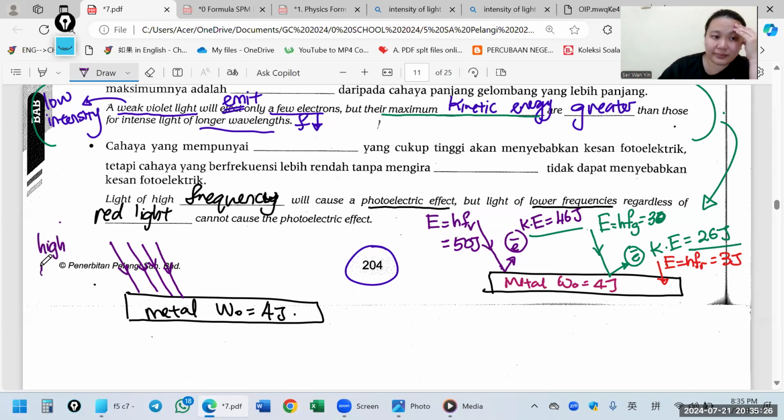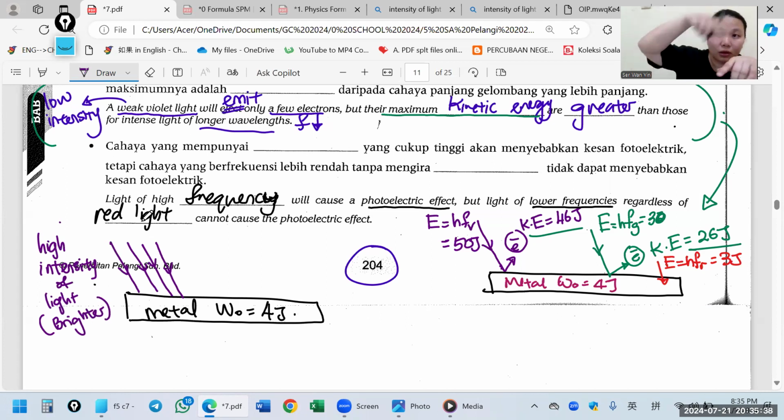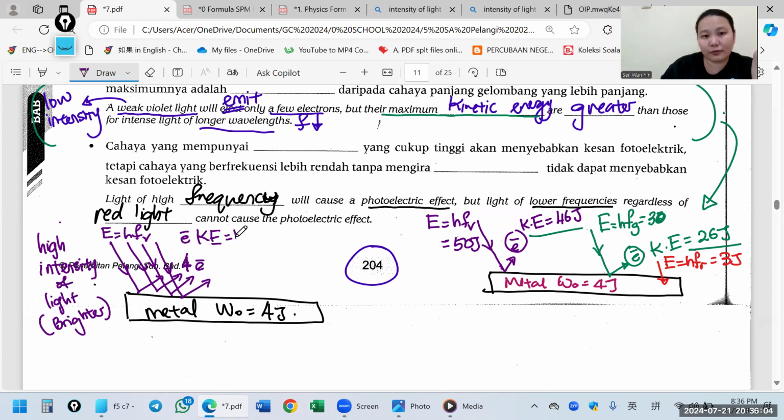High intensity of light, we say is brighter. Brighter means more violet light rays at once. So E equals hf violet. So it will have 1, 2, 3, 4. One time will have 4 electrons emitted out. But each electron will move with kinetic energy 46 joules. Okay?